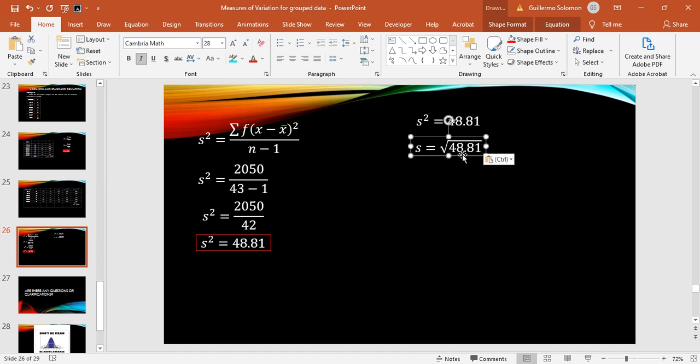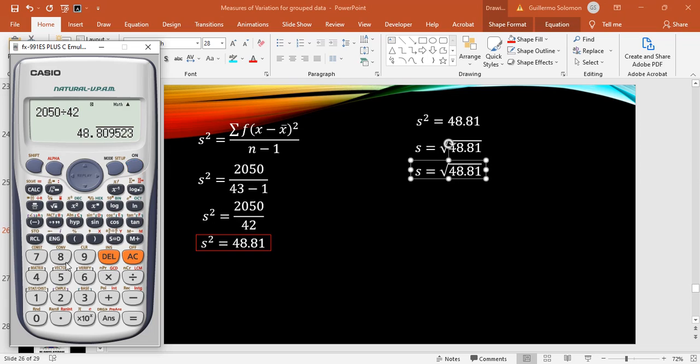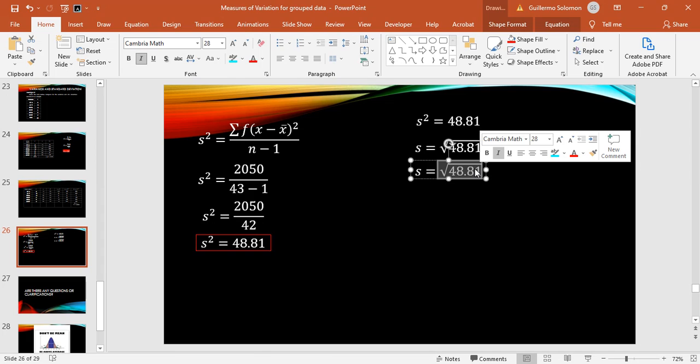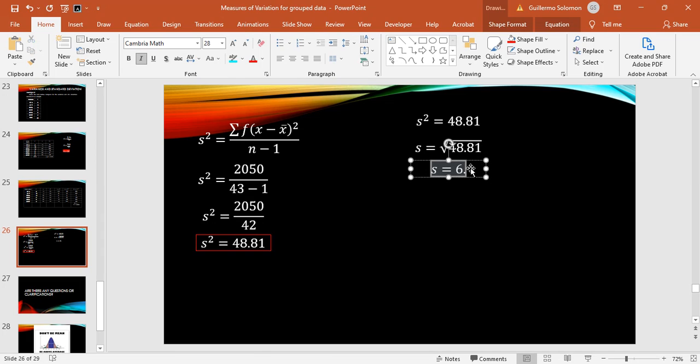So, the final answer here is square root of 48.81. That is 6.98. So, the standard deviation for example number 2 is 6.98 and the variance is 48.81.